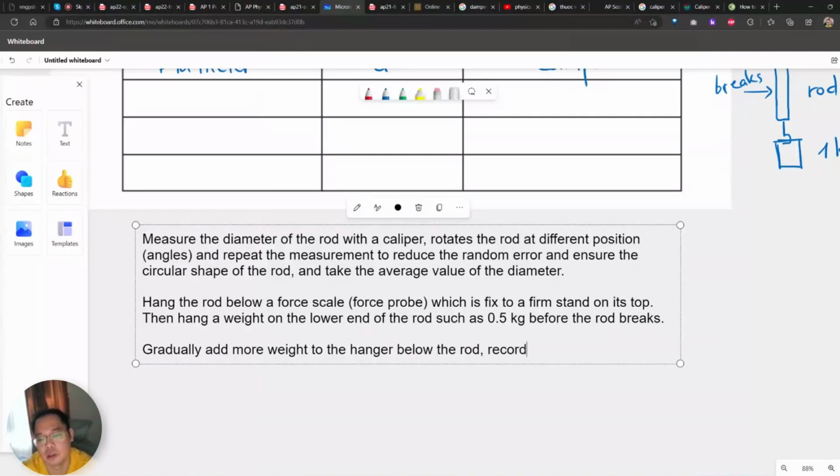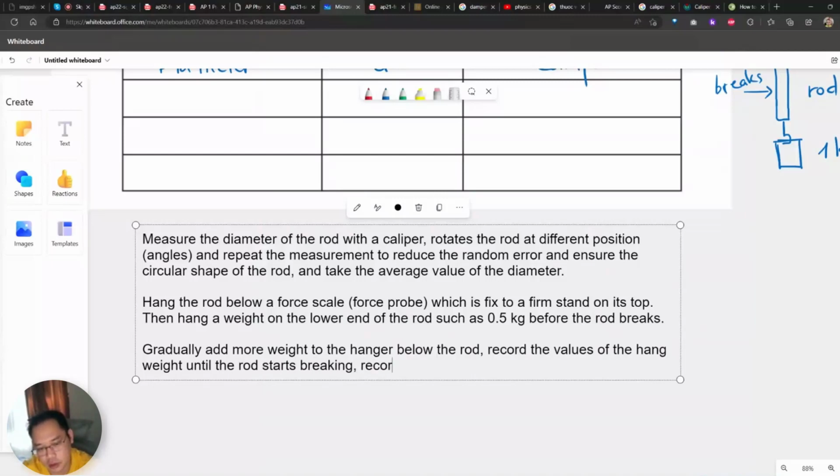Record the values of the hanging weights until the rod starts breaking. Record the maximum force that the rod withstands.